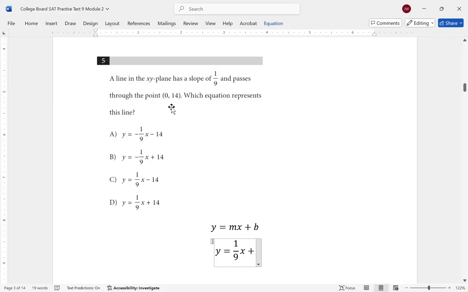So that's the point that crosses the y-axis. That's the y-intercept. And therefore, my b is 14 as well. So y equals 1/9 x plus 14. And therefore, the answer to question 5 is D.